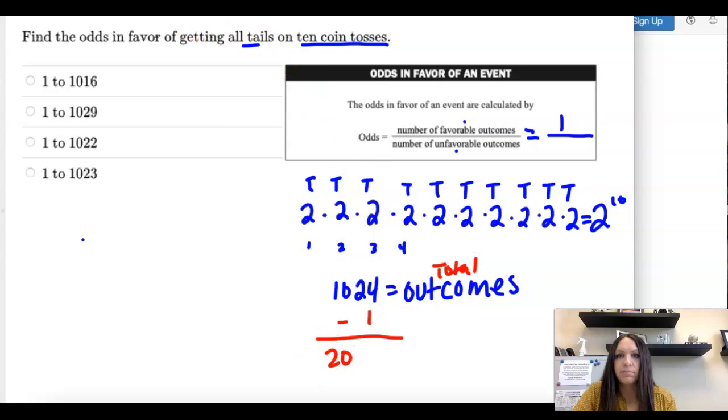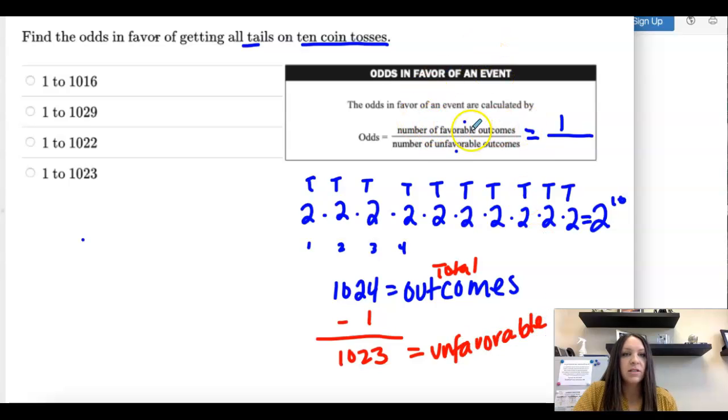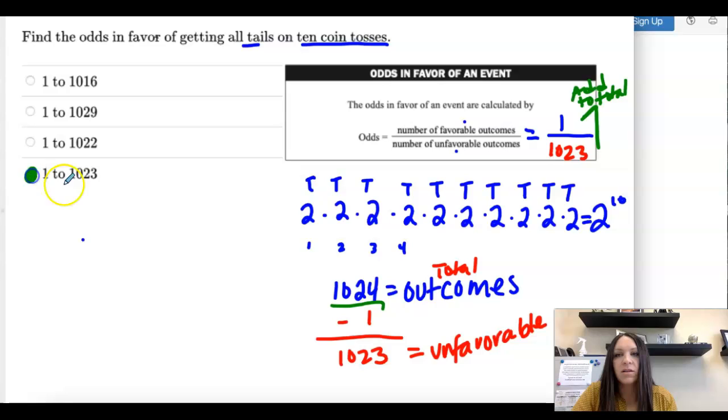So there's 1,023 unfavorable. There's one way to get tails 10 times, and 1,023 ways to get anything else. What's really important here is these two numbers add to the total number of outcomes. So 1 plus 1023 is 1024. So my odds would be 1, the numerator, to 1023, the denominator.